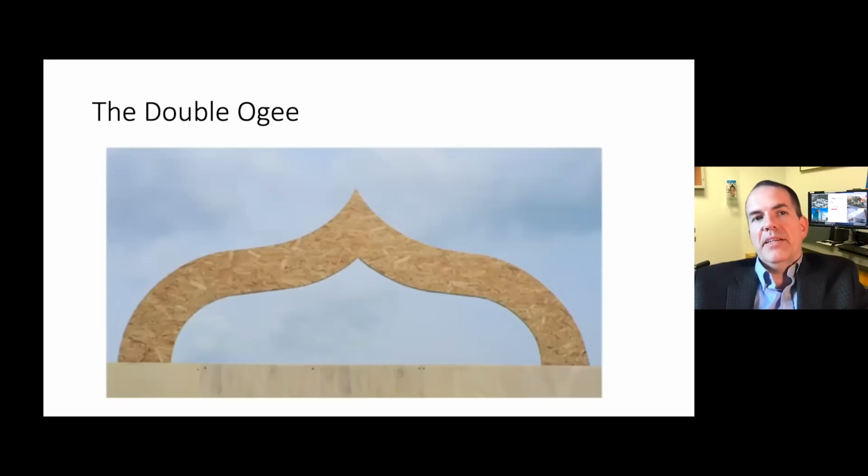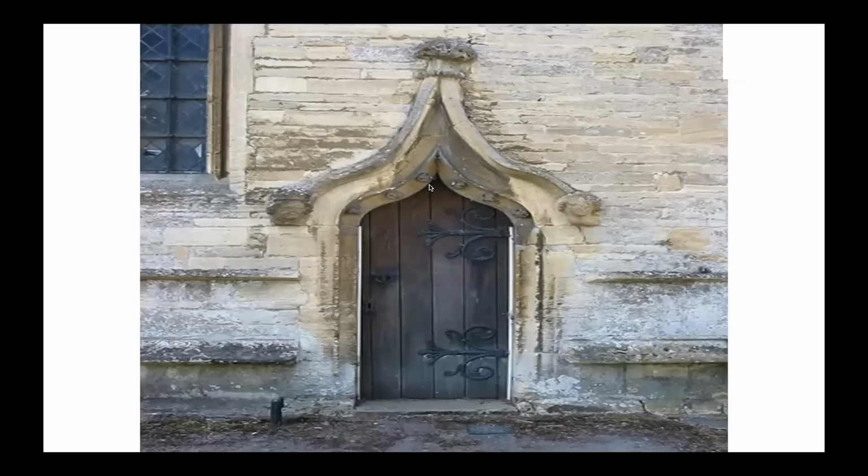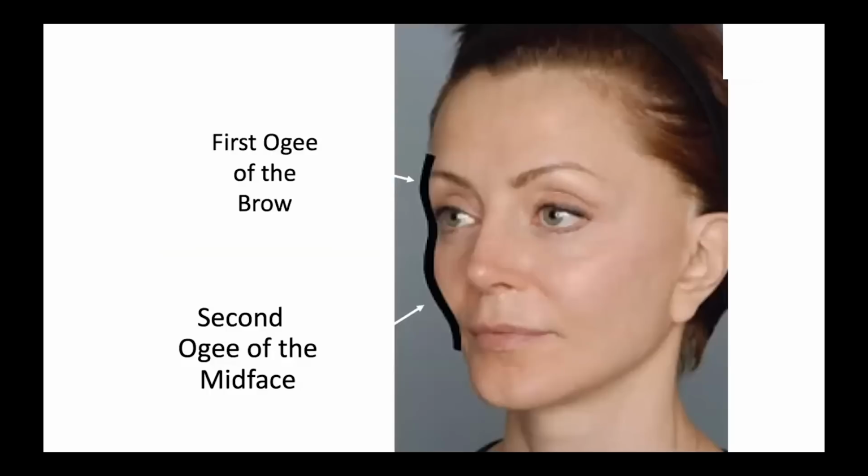We'll talk about a couple of concepts. One is the double OG. An OG is an architectural term for this somewhat S-shaped figure. We see it a lot in doorways throughout architecture. A number of aesthetic surgeons talk about the double OG of the face. The first OG, when we look at people from an oblique profile, is this prominent lateral brow.